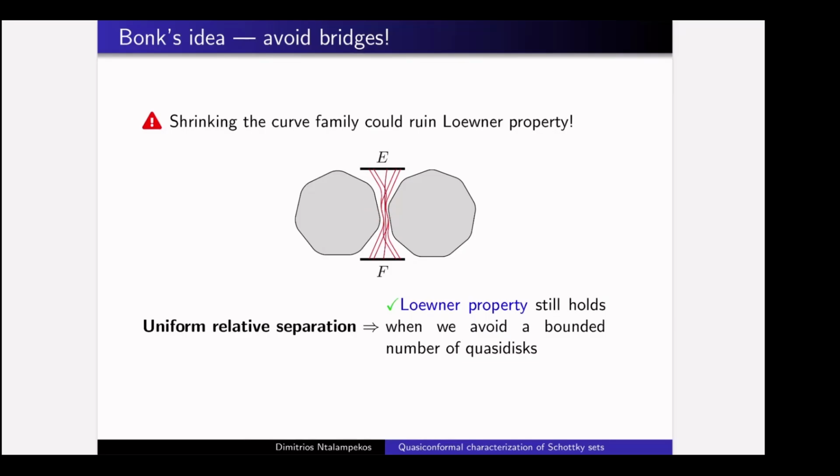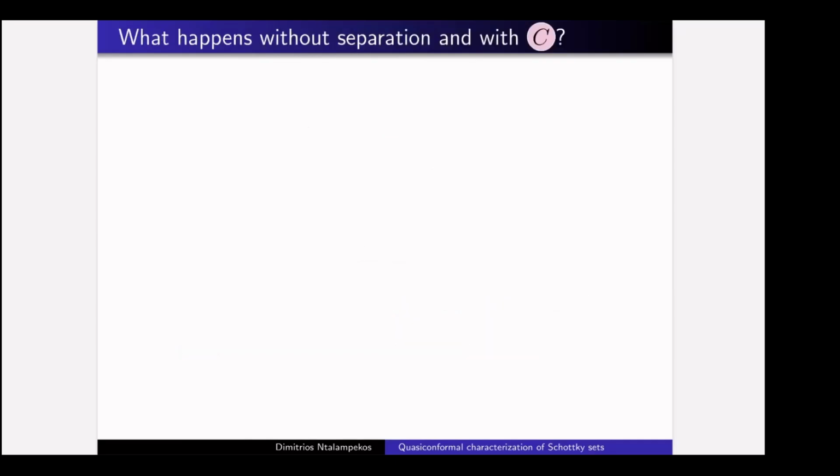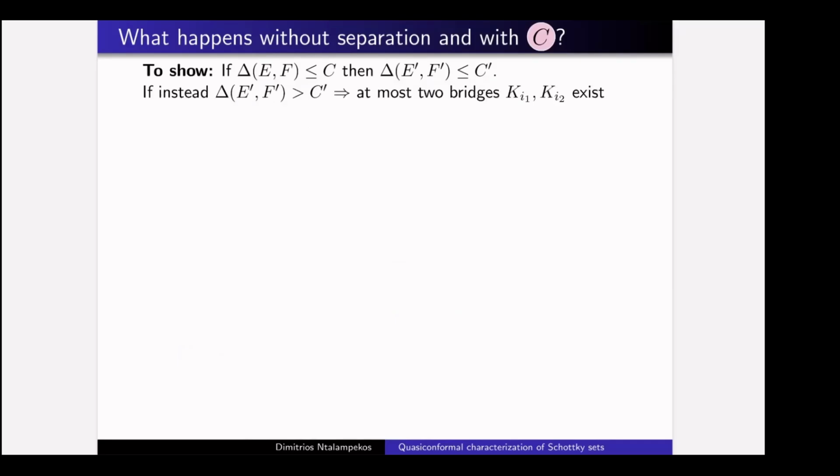Now, how can we deal without this assumption? How can we replace this assumption with condition C, the circularization assumption? So I remind you that our goal is to show that whenever the relative distance is bounded above, then the images have the same property. So let's suppose, for the sake of contradiction, that this doesn't happen.